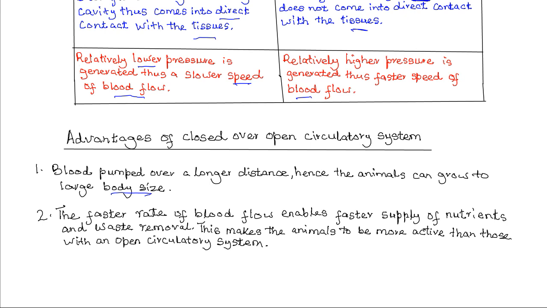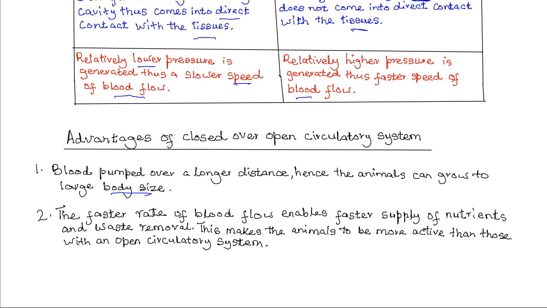As you know, in nature, in many instances, size matters. The larger the animal, the better it will be able to fend for itself against predators and other enemies, and also, the easier it will be for it to obtain its food. Now, the second advantage is the faster rate of blood flow.